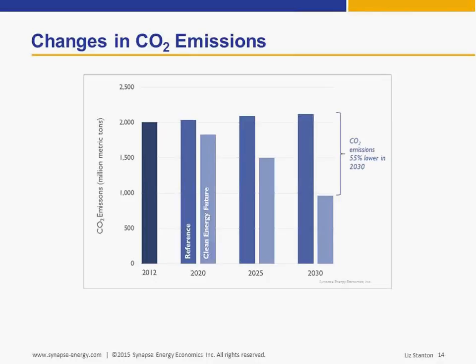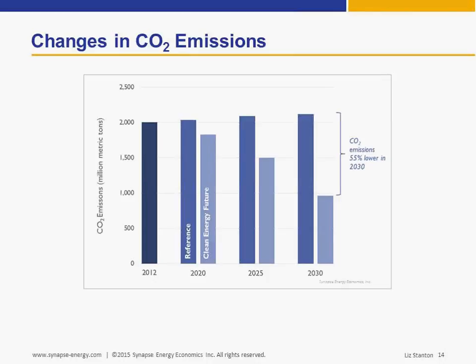This next graph shows us changes in carbon dioxide emissions. Again, it's set up the same way. We start with 2012 as a base year. Then you can see 2020, 2025, 2030. You see the two futures, the reference case future and the clean energy future, next to one another. If you just look at the reference, in that business-as-usual case, you could see emissions growing slowly over time, for just the electric sector, in the case of the Clean Energy Future, with some of the extra transportation, electric vehicle generation emissions brought in as well.